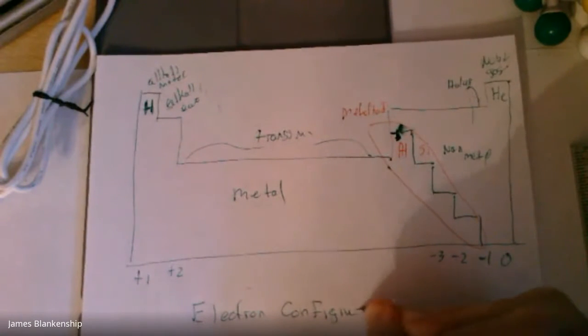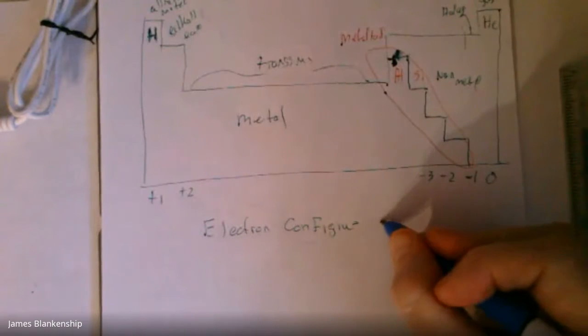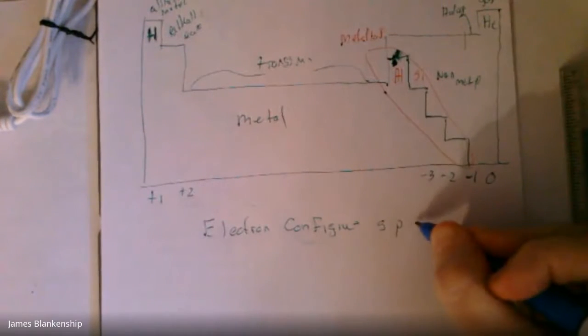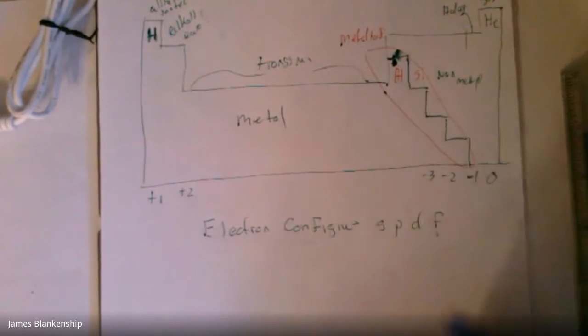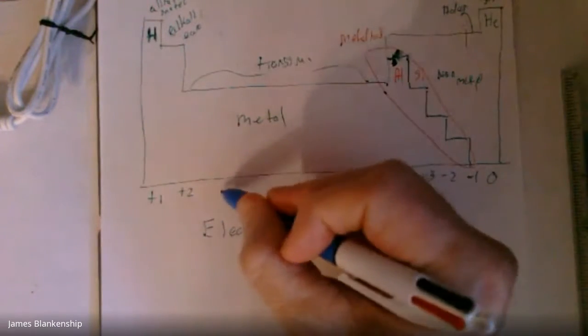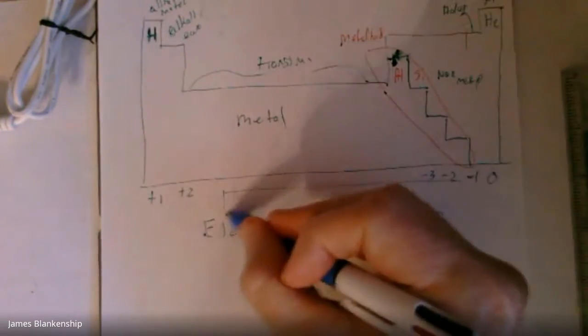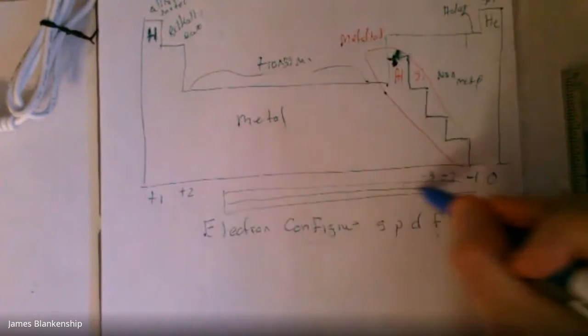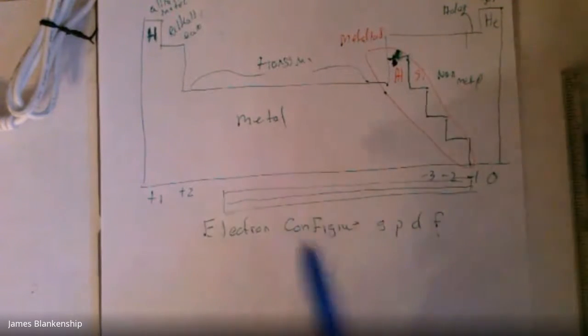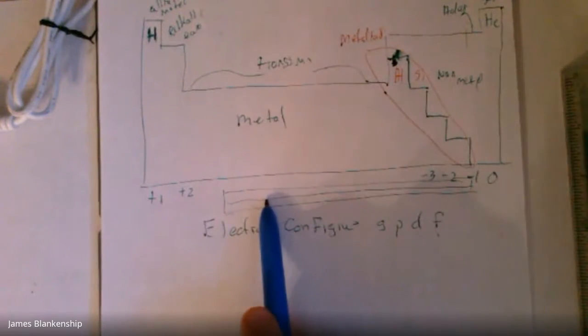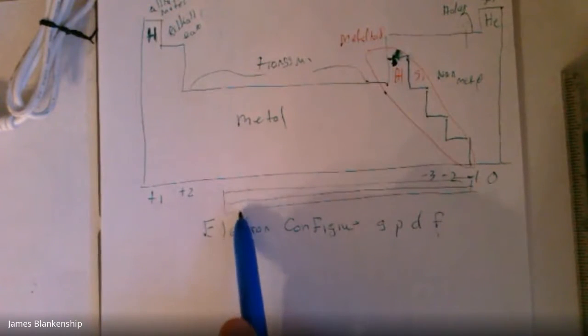Now, electron configuration is generally broken down into 4 subshells. Our 4 subshells are S, P, D, and F. Remember, there are 2 columns down here. These are generally our rare earth elements and a lot of the radioactive series, the lanthanide and the actinide series.